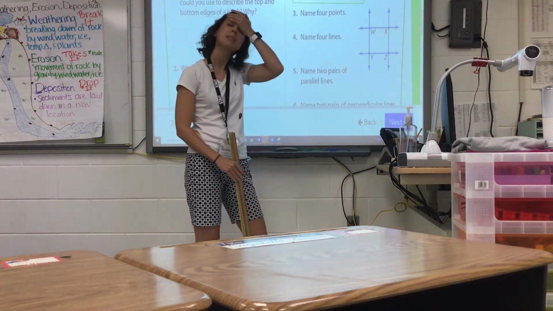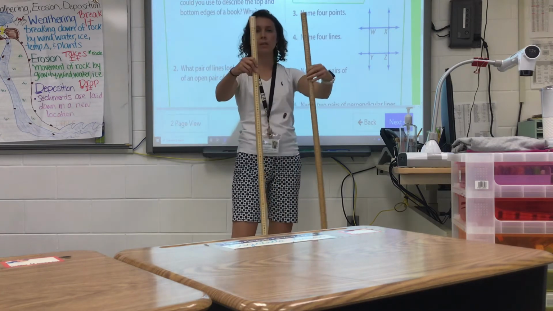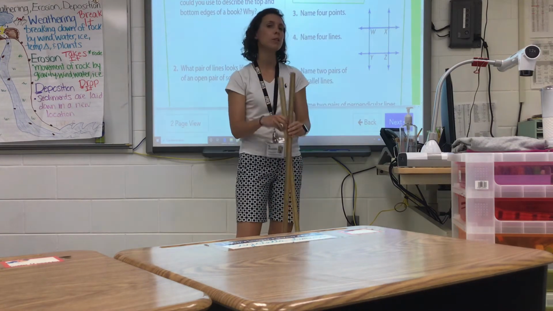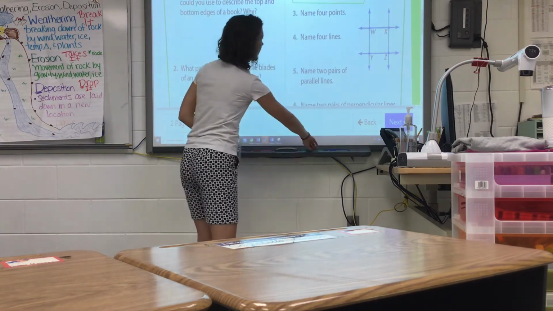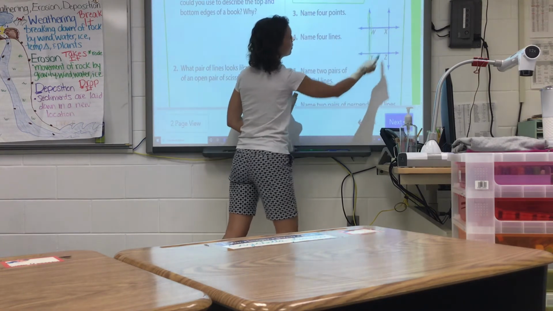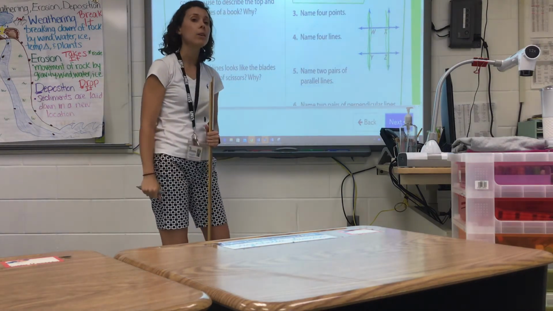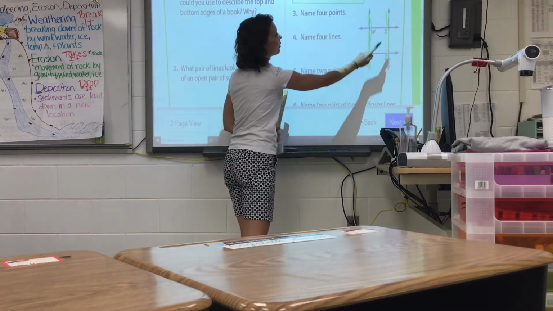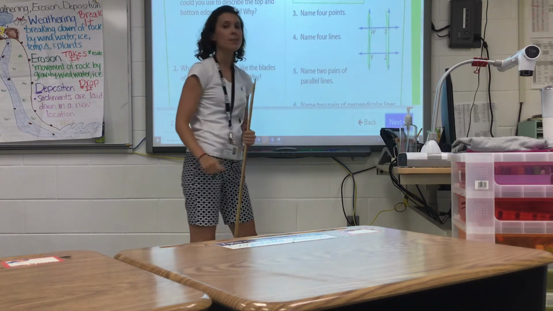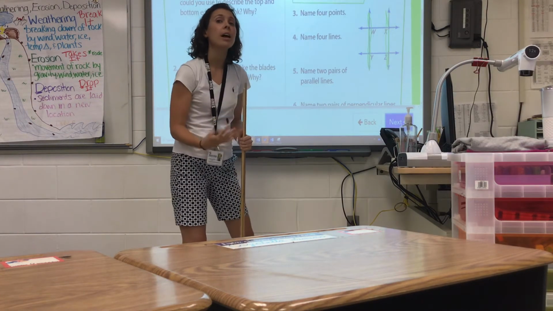Parallel. Ooh, which one was that, Mrs. Jensen? I don't know. Well, it's got those 2 L's, so these are the ones that do not touch. So which ones do not touch? Let's go ahead and look over here. Let's see, this one is never going to touch this one. So we're going to need to go ahead and write those out. That's W and Y. So this is line WY, and then you're going to have to put the other line also.